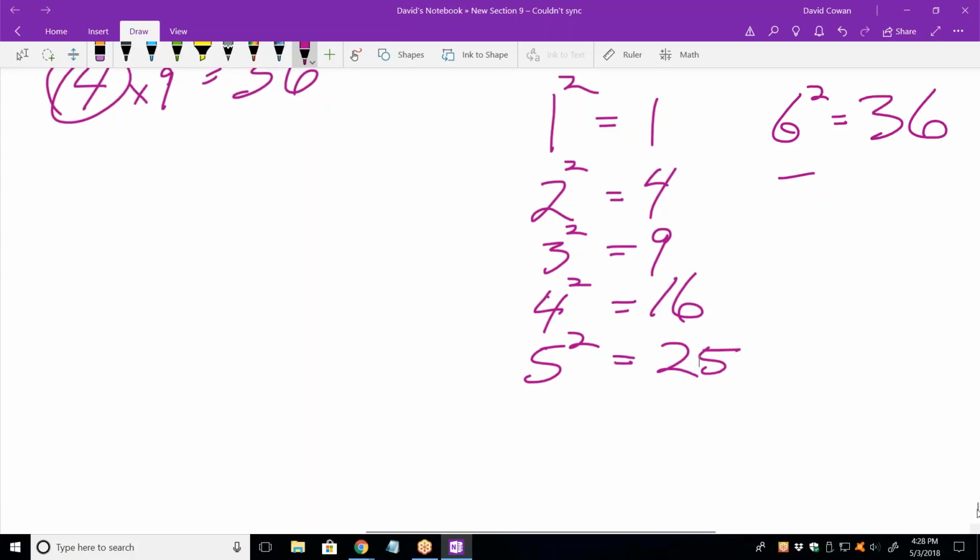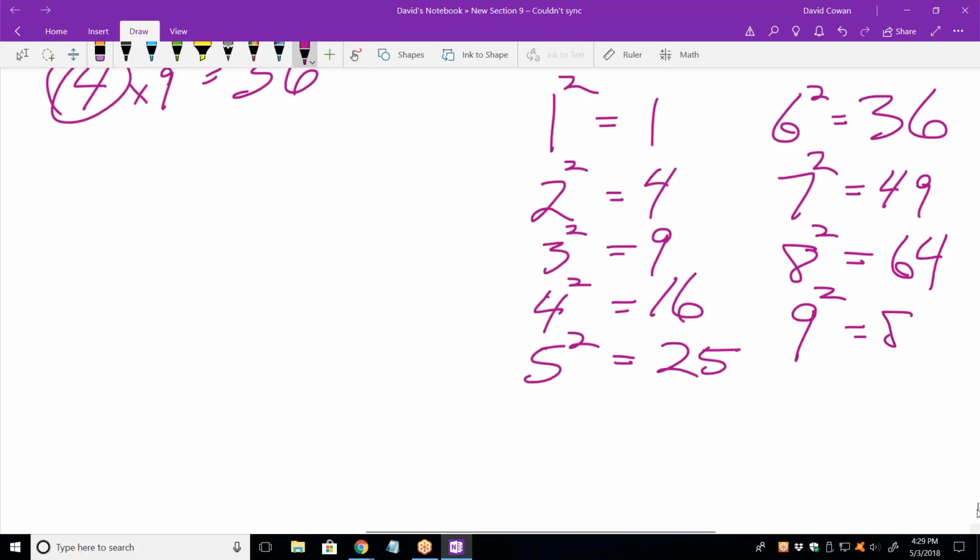7 squared is, again, we just did it, 49. 8 squared is 64. 9 squared, you can use your rule of 9s. So what's 9 squared? The first digit has got to be 8.